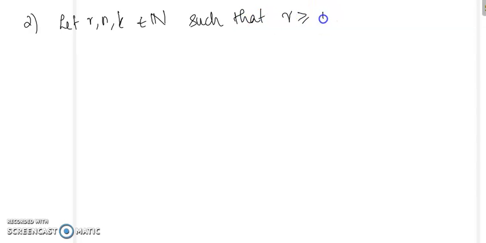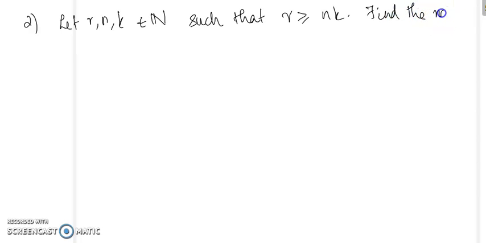And next problem is, so let r, n, k belong to N such that r is greater than or equal to nk.